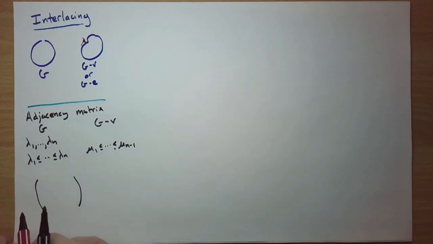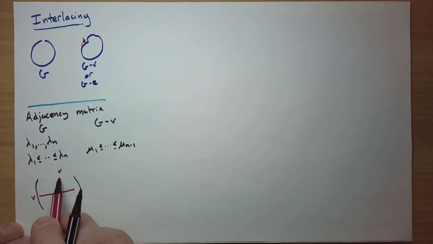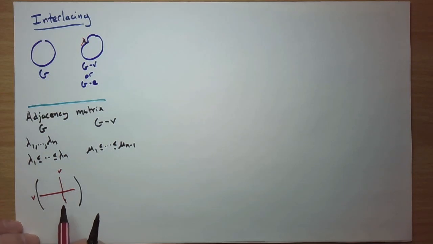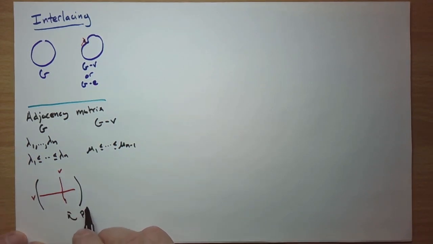So you have your adjacency matrix for G, and the vertex V is indexing a row and a column. Yeah, you delete this row and delete that column, and then life is good. And so in particular, what happens is we end up with a principal submatrix.